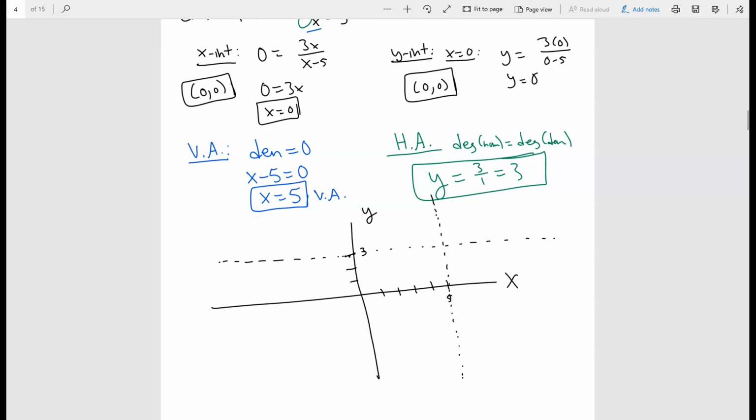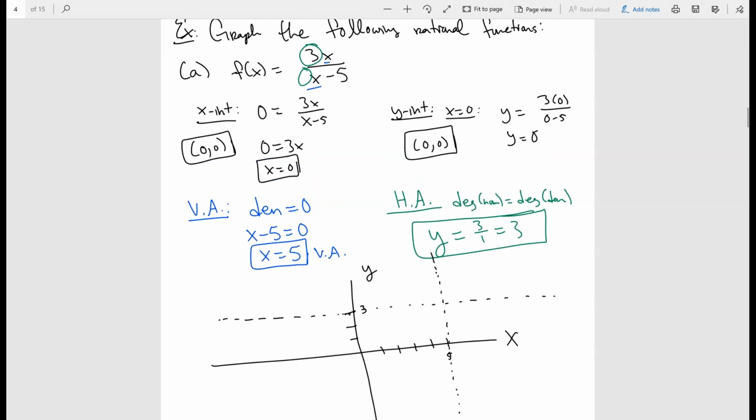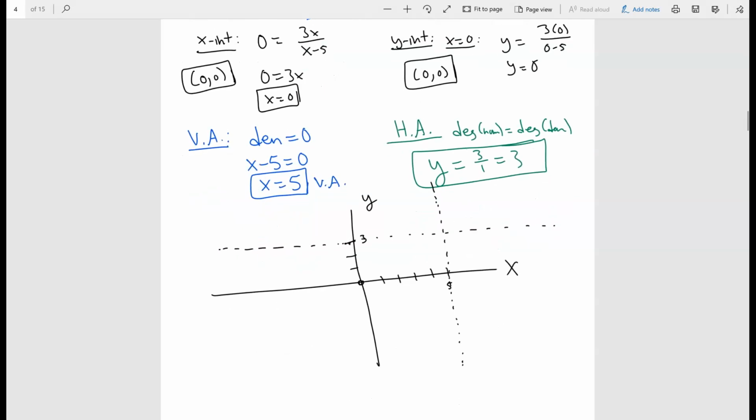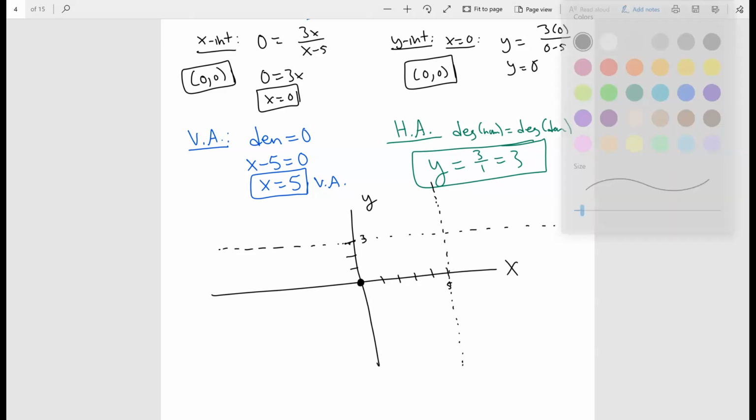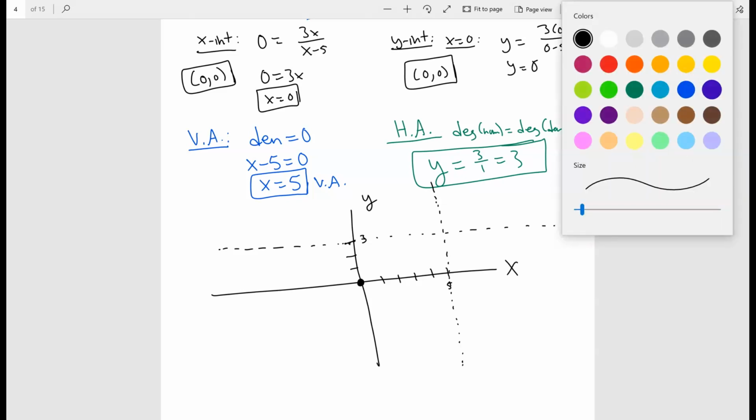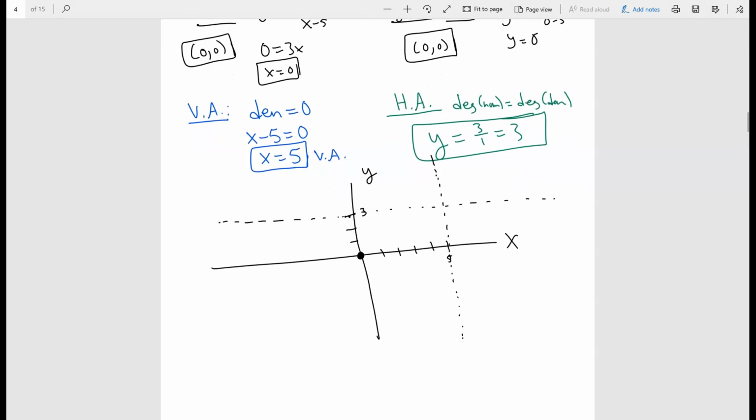Now we have to be very careful because we also have intercepts. We know that this is going to go through (0, 0). Now we want to think about the four different quadrants. Where exactly is the graph going to be? So here's where you have to think about the rational function. The graph has to go through this point.